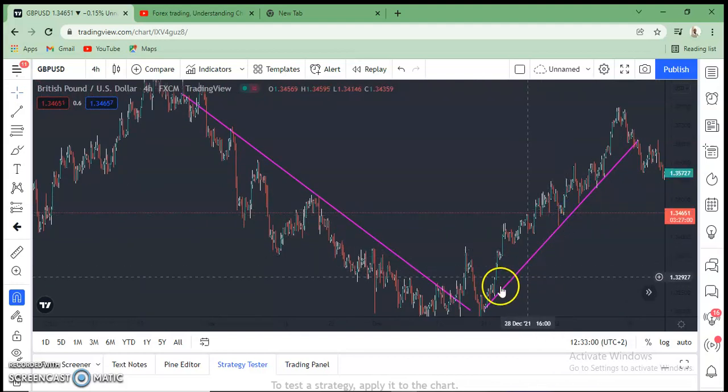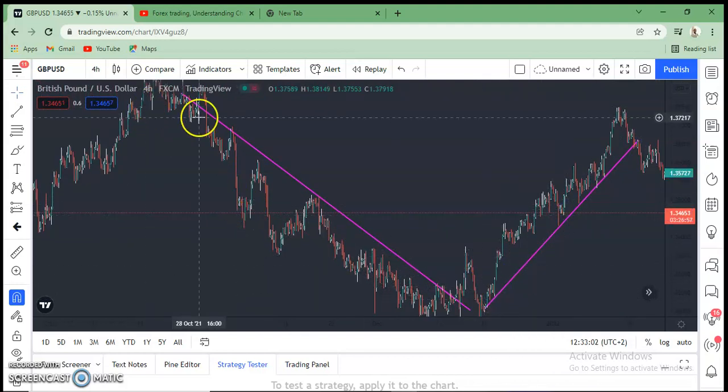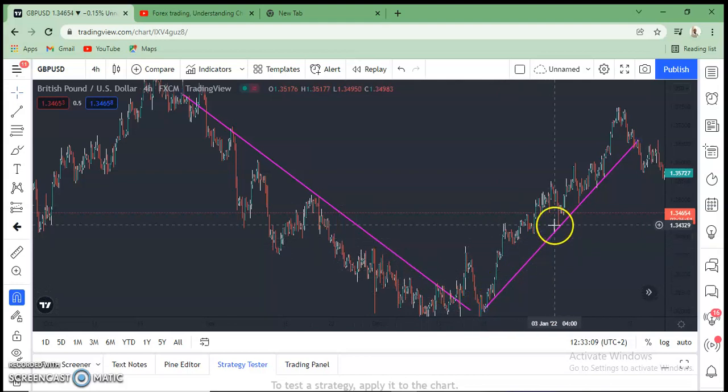So why do we draw the trend lines at the top when it is a downtrend, and at the bottom when it is an uptrend? This is to be able to determine when the market is about to change its trend.